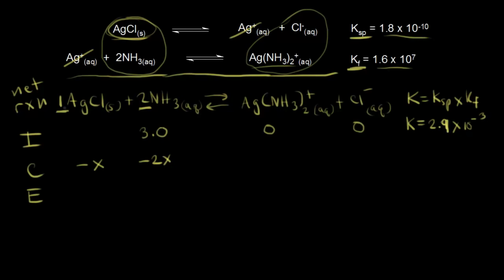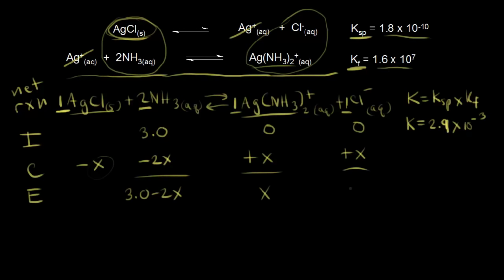For our products, if 1 mole of silver chloride dissolves, we make 1 mole of our complex ion, so we gain X for the concentration of complex ion. Same thing for the chloride anion, because our coefficient is a 1, so we gain X. At equilibrium, our concentration of ammonia is 3 minus 2x, our concentration of complex ion is X, and our concentration of chloride anion is also X.